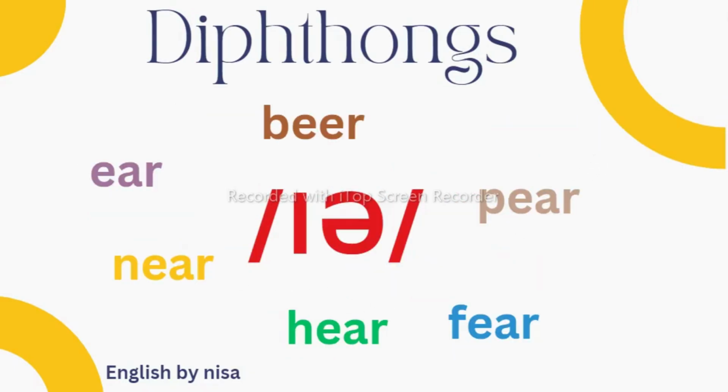Now we have another diphthong, I and inverted E, which produces a sound like ear, a perfect example being ear, near. Wherever you are getting a sound like ear, near, here, that is this symbol, like in fear, peer.